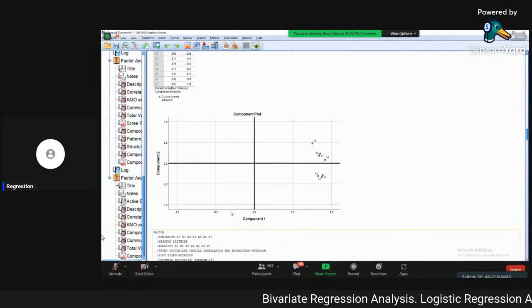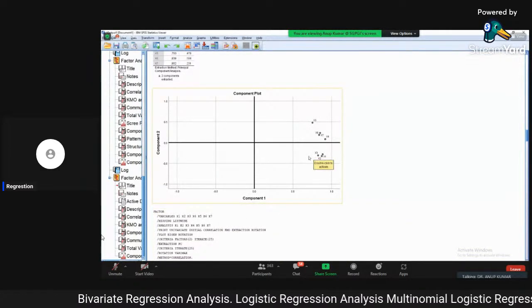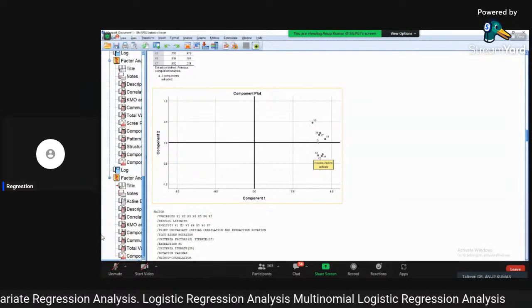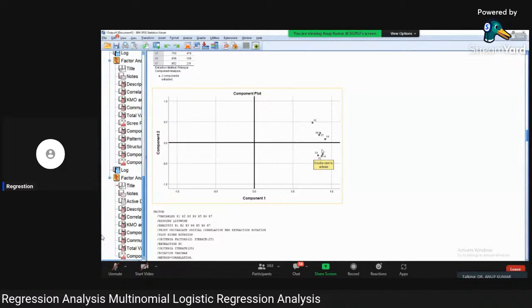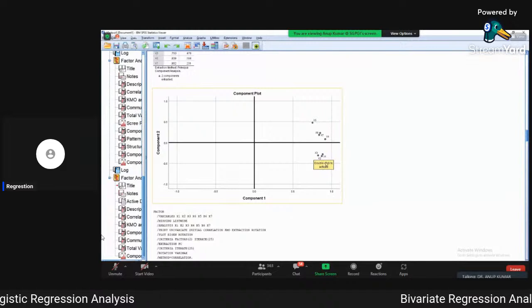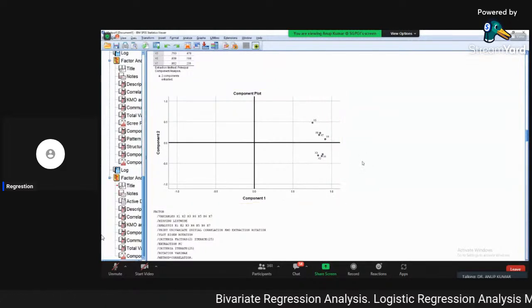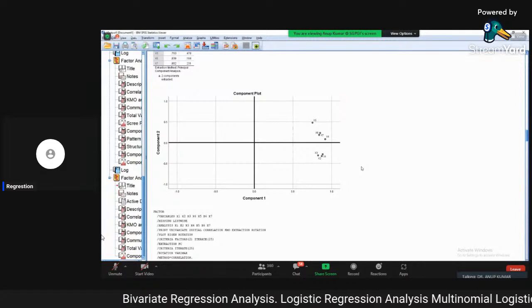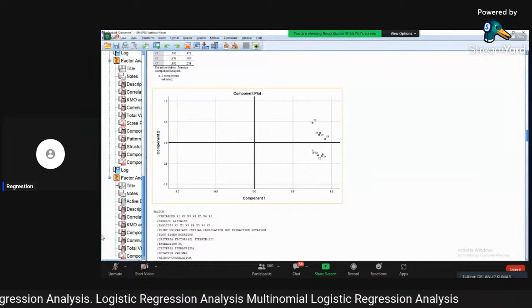It is simply saying x1, x2, x3 are close to each other, and these factors are close to each other. Now it is the duty of the investigator to find out why x1, x2, x3 are very close to each other, because of some hidden factor. The name of that hidden factor he has to decide, because that is actually the unmeasurable quantity because of which such patterns are coming out.